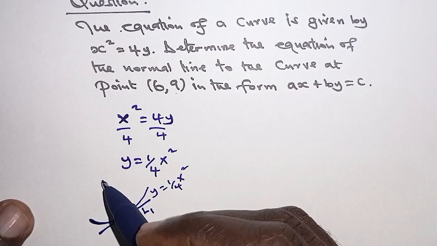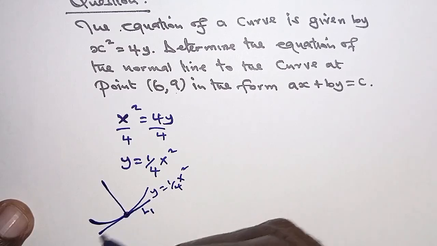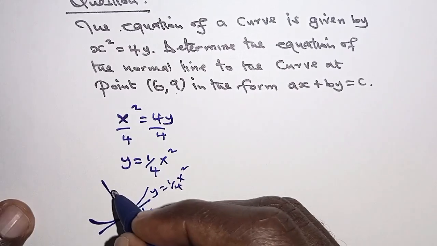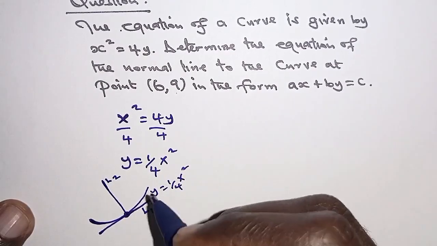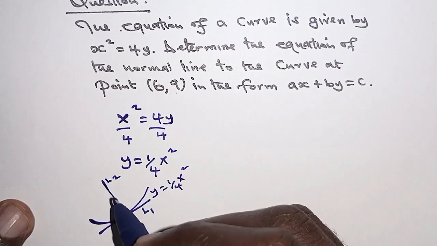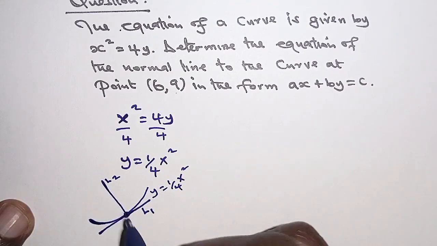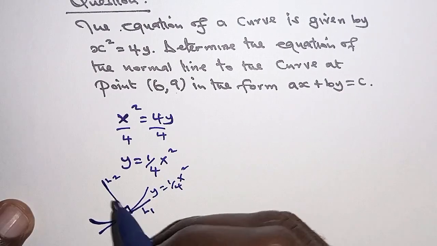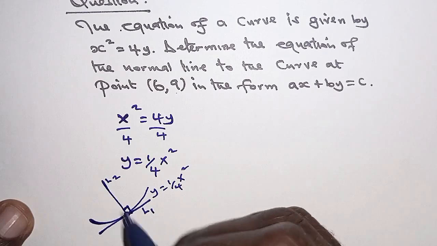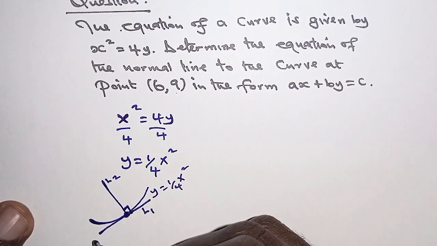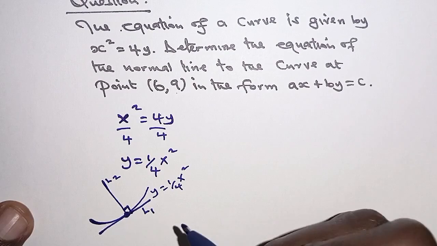Then there's another line normal to the tangent line at that point. We can call it line 2. Now we are required to determine the equation of this line here, the normal line. It's normal to the curve, and if it's normal to the curve, then it's perpendicular to the tangent line to the curve at that very point.